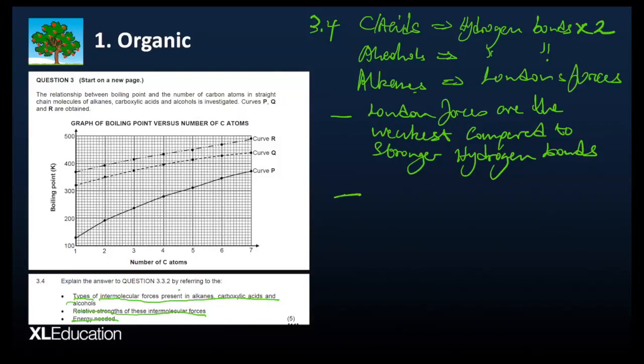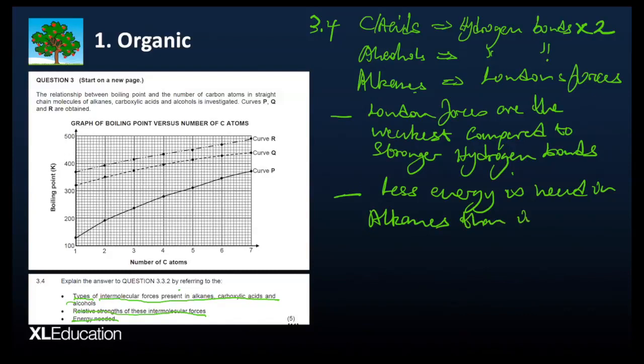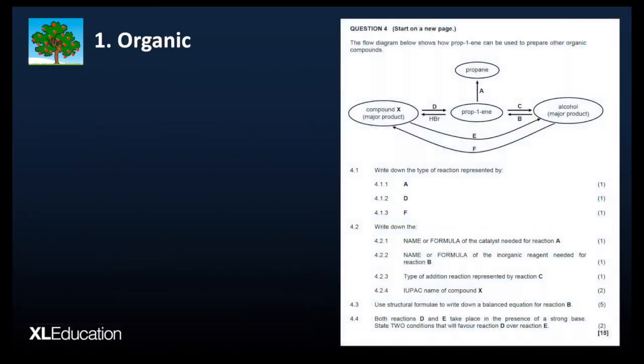The last part is the energy needed. So less energy is needed in alkanes than in alcohols and acids. Right, we've answered our question. By this one, then we can see that we are done with our question.